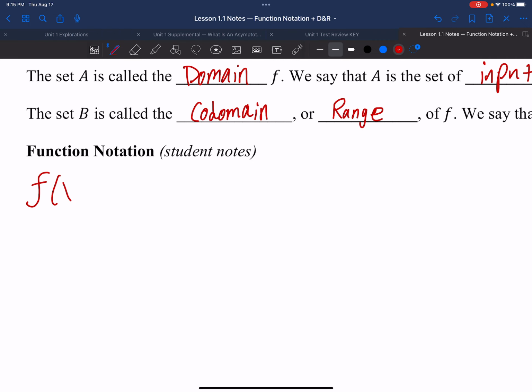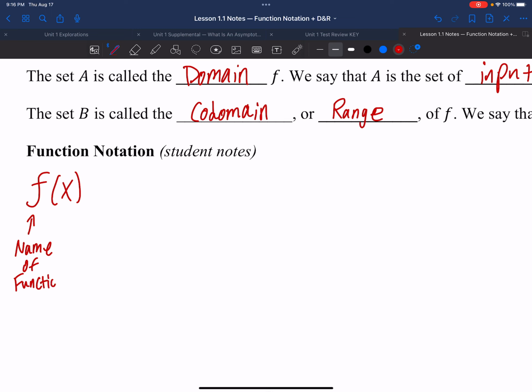You may have known that already, but I find that few teachers ever really take the time to explicitly explain why we say f of x. And it's context dependent. I don't know, maybe it's not few teachers. Maybe that's just a wrong assumption on my part. Anyway, in labeling this, f of x, f is the name of the function.